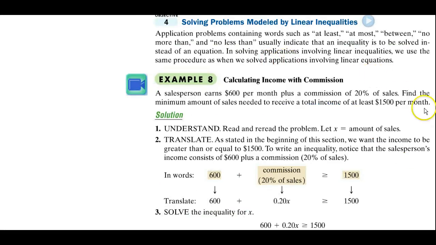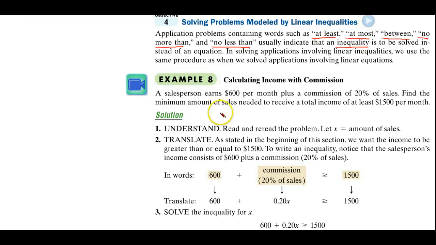In our textbook, we sometimes have word problems that are inequalities. So they usually give us some key words. At least, at most, between, no more than, no less than. And that indicates you're going to be dealing with an inequality.